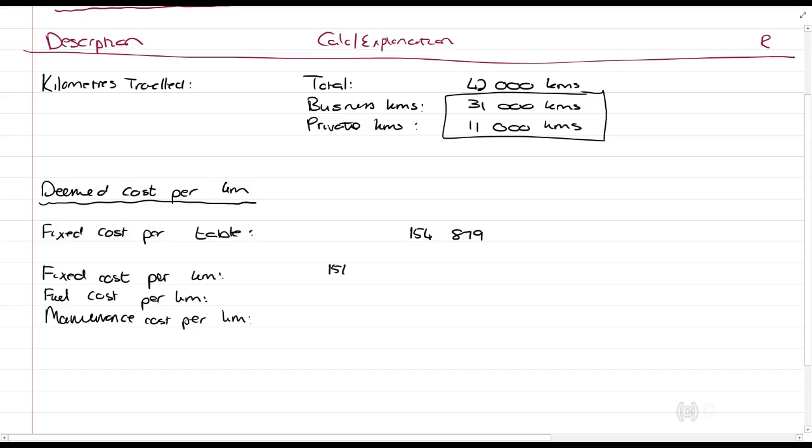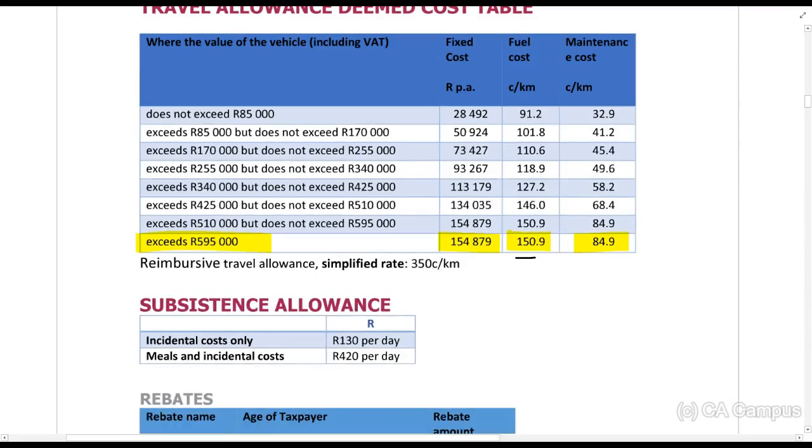So the fixed cost per kilometer is 154,879 divided by the total kilometers, which gives us 368.8 cents. The fuel cost per kilometer is 150.9, and maintenance 84.9.